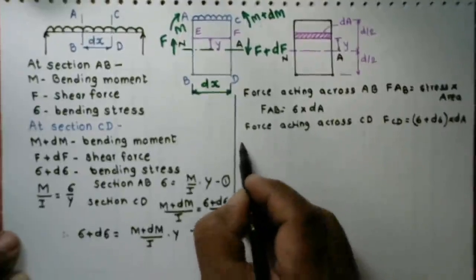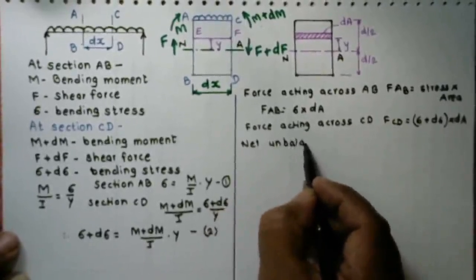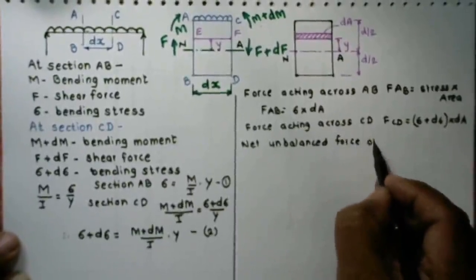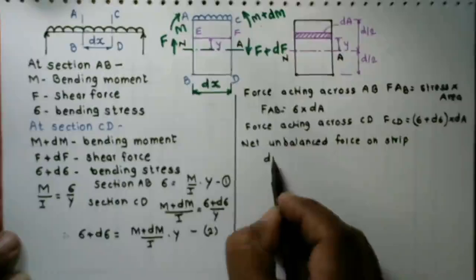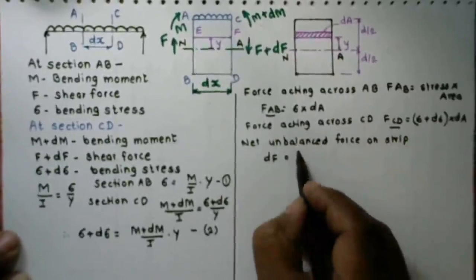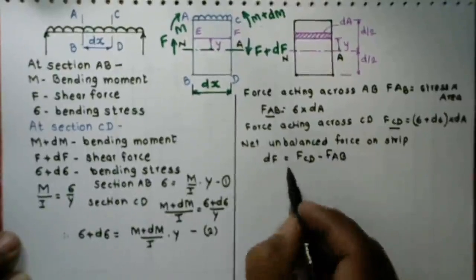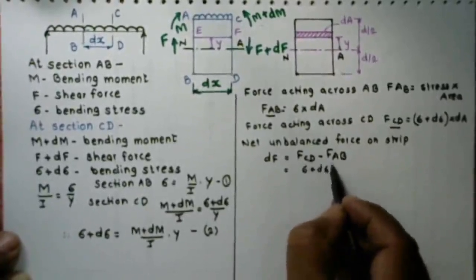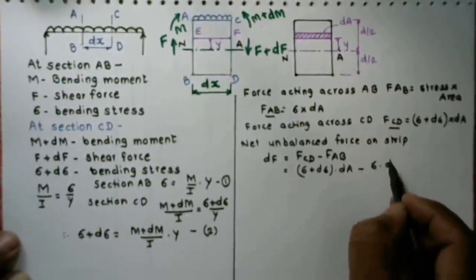Now the net unbalanced force on the strip EF, we may say dF, is the difference between these two: FCD minus FAB. So FCD is (sigma plus d sigma) into dA, minus sigma into dA.